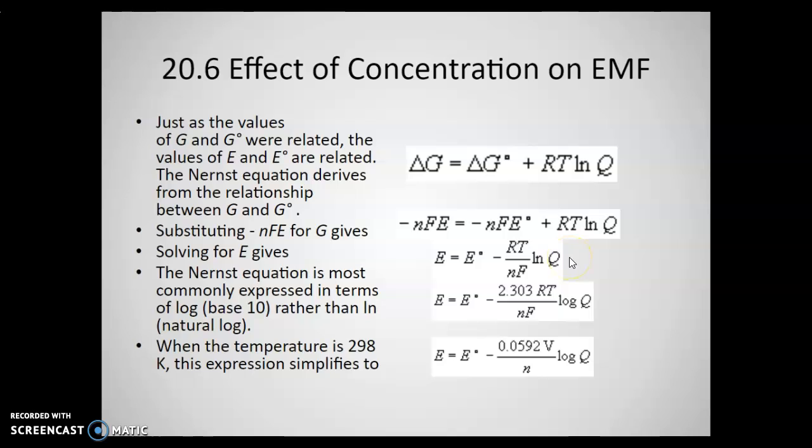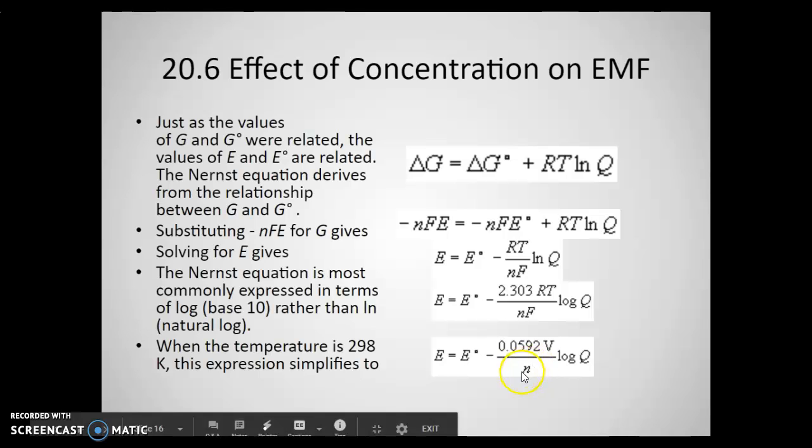For some reason, chemists don't like natural logs, and if we can avoid natural logs and convert them to base 10 logs, we do. That's what this is, the conversion factor from natural logs to base 10 logs. You do that, and then you just do the math of RT over NF, and as long as you're at 298 Kelvin, you can do that, and then it just matters about the moles of electrons.